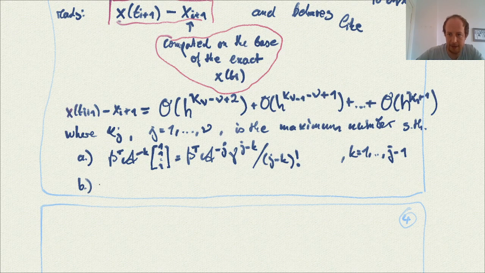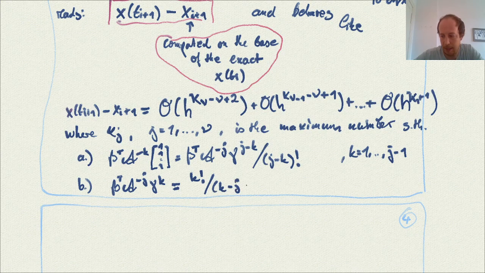And for k's that are larger than j minus 1, there's another condition, and this condition reads beta a to the minus j gamma to the kth power should be the same as k factorial divided by k minus j plus 1 factorial. And this goes for k at least j plus 1.